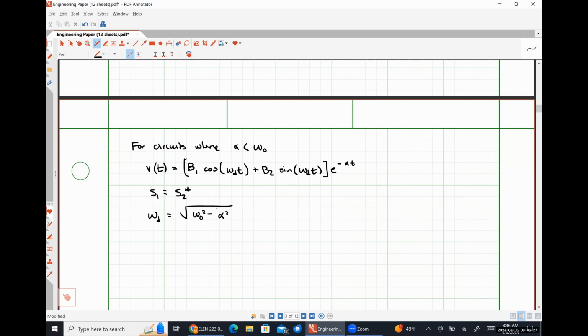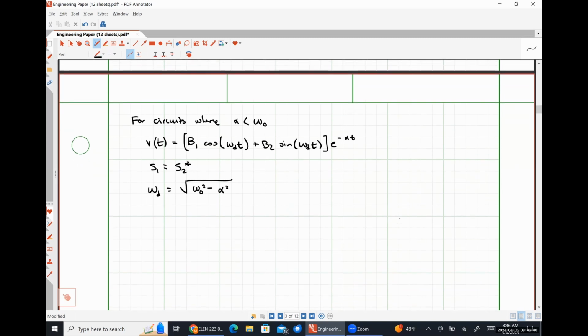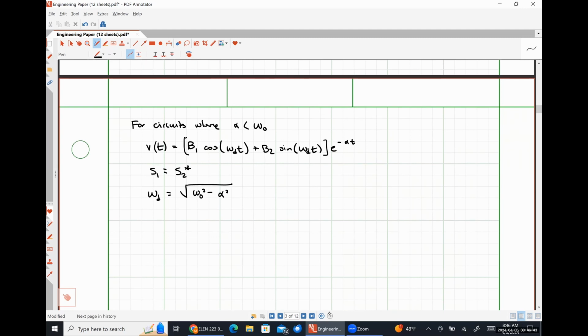For whatever reason, all of the textbooks seem to use coefficients B1 and B2 instead of A1 and A2 for our initial condition terms here. And this comes from the fact that we know that e to the j omega t can be written as cosine omega t plus j sine omega t.